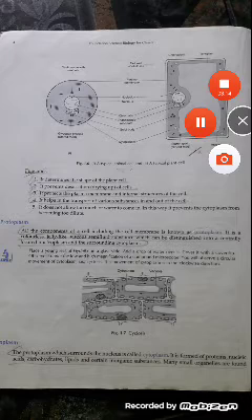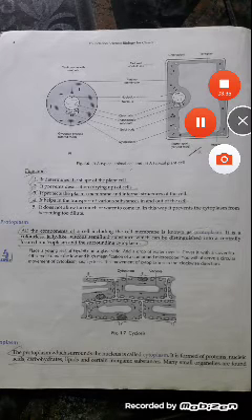Now let us discuss protoplasm. All the components of a cell, including the cell membrane, are known as protoplasm.